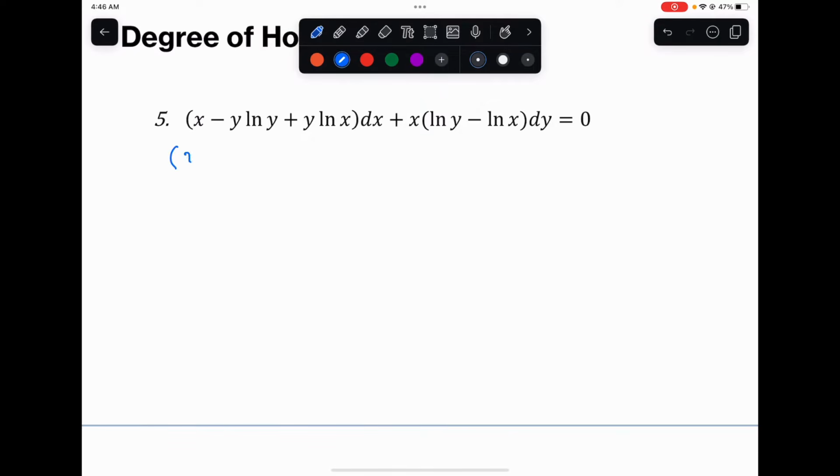So we have lambda x minus lambda y ln lambda y plus y is lambda y ln lambda x dx, and plus lambda x ln y, so ln lambda y minus ln lambda x dy is equal to 0.